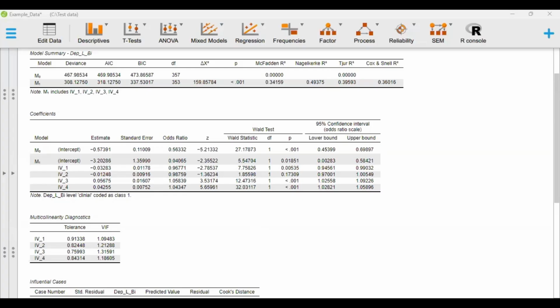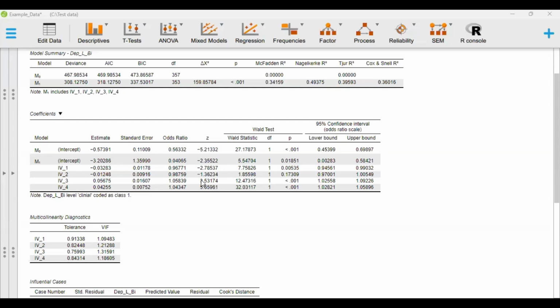To change the odds ratios to percentages and discuss your results based on the percentages, you need to subtract each odds ratio from 1 and multiply the result by 100. So, subtracting each odds ratio from 1 and multiplying that by 100.